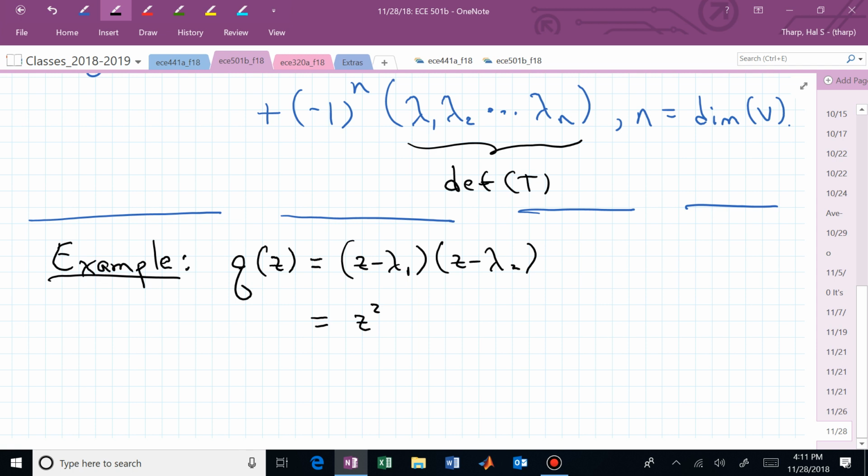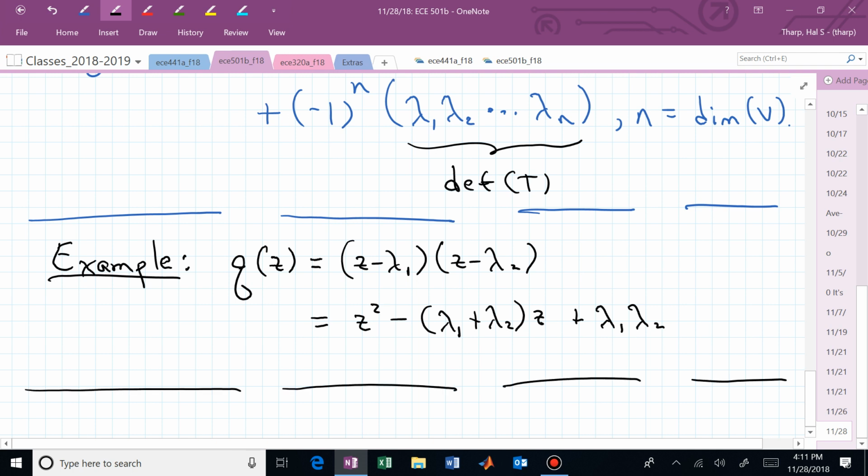But in this case, we have lambda 1 plus lambda 2 times z as the coefficient of the first power of z, and then plus lambda 1, lambda 2.